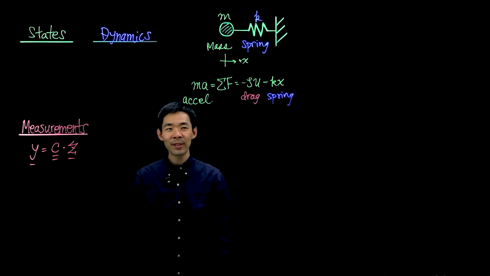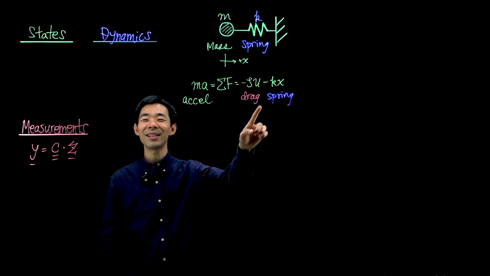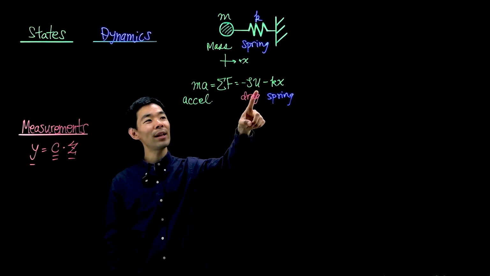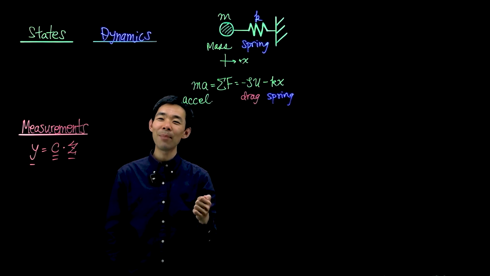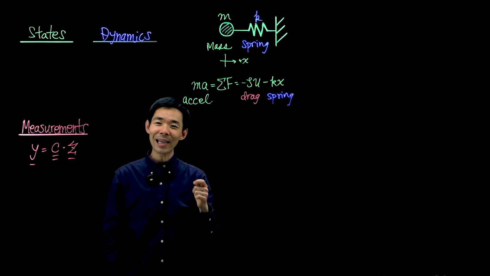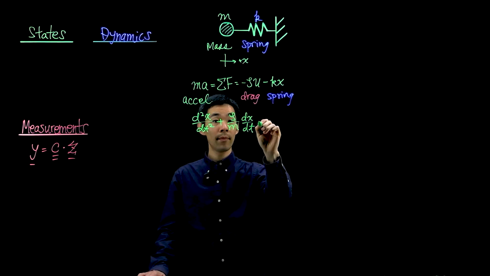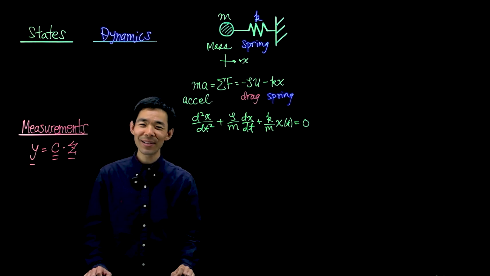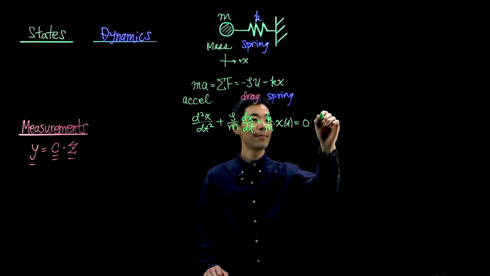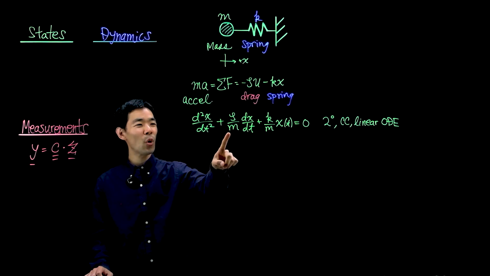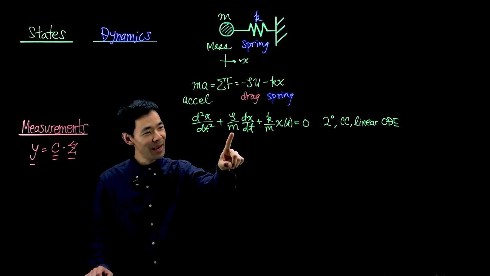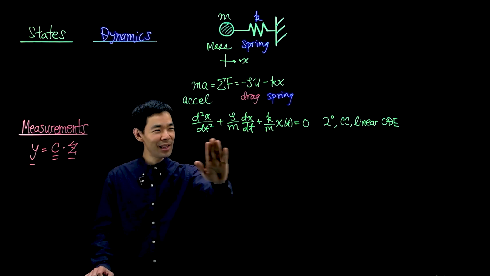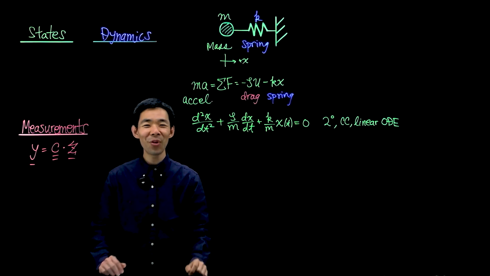Now, in this particular case, we can easily write down a differential equation for the position x of this mass because we know that the velocity u is the first time derivative of position, and acceleration is the second time derivative of position. Just like that. So we have a second order constant coefficient linear ODE. Second order constant coefficients because zeta, the spring constant k, and the mass are constants. It's a linear ODE. So we all know how to solve this.